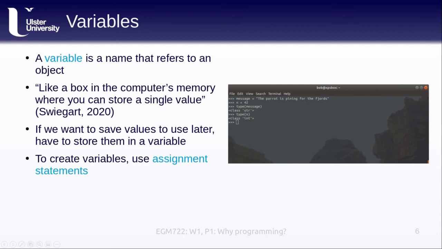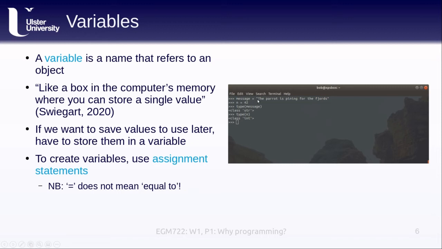When we create variables, we are using something called an assignment statement. So this example here, where we have message and then there's an equal sign, the parrot is pining for the fjords, that is an assignment statement. We are taking the string, the parrot is pining for the fjords, and we are assigning it to a variable called message. And I want to be very clear about this. In programming in Python and in a lot of other languages, the equal sign does not actually mean equal to.